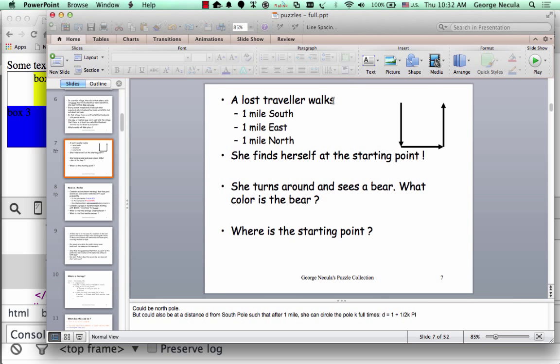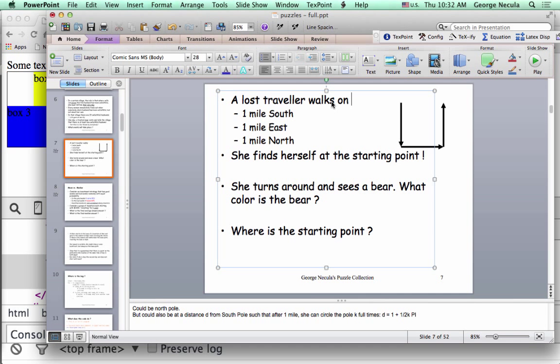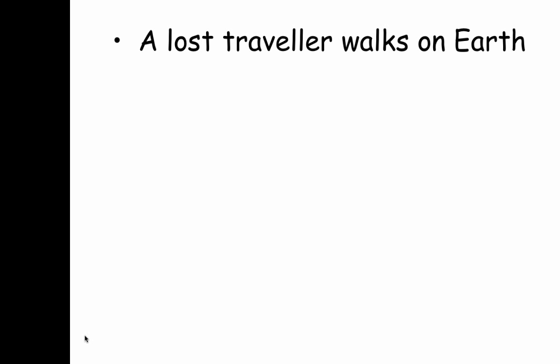She walks on Earth, and the Earth is not that small. Now you're seeing my other hint at the bottom. Think about it. There's an infinite number of solutions, not just the North Pole. And actually, for the other solutions, she's not going to see a bear.